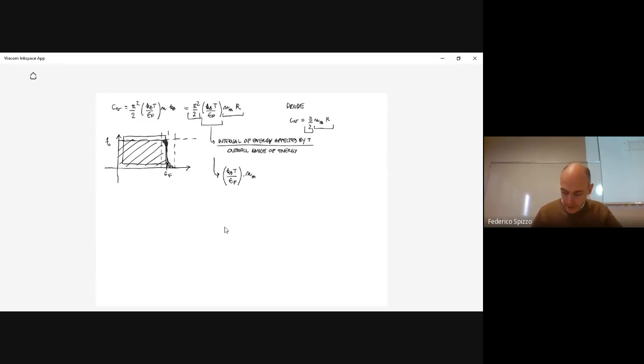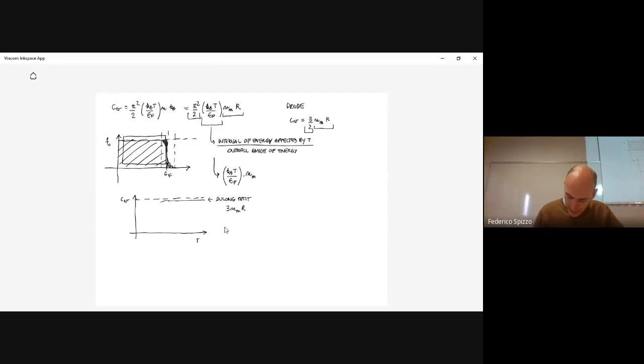And from the point of view of the experiment, if you want to measure CV as a function of T, you find that at high temperature, we have the Dulong-Petit value that is 3 times molar density times the constant of gases.